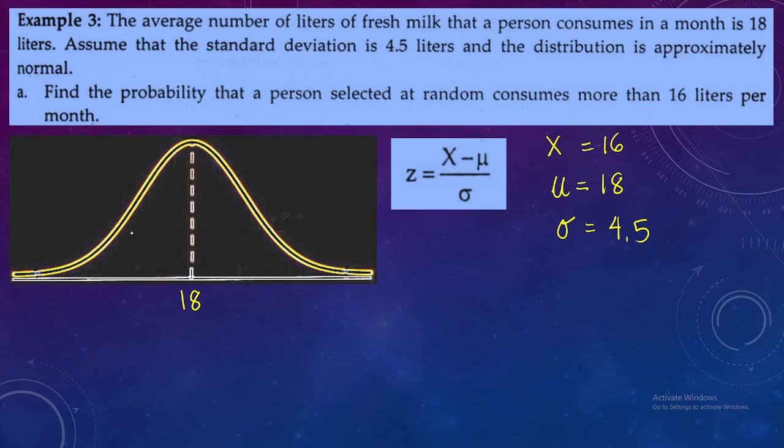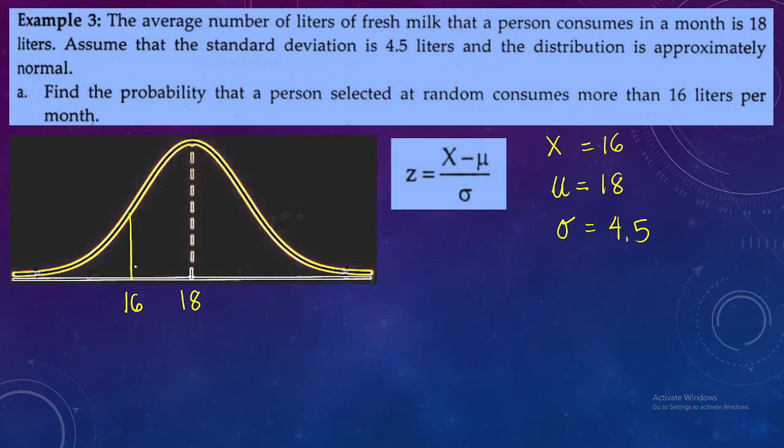So I'll be locating 16. 16 is located before 18. And it is stated to find the probability that the person selected at random consumes more than 16 liters. So am I going to shade going to the right of 16 or going to the left of 16? To the right, sir.